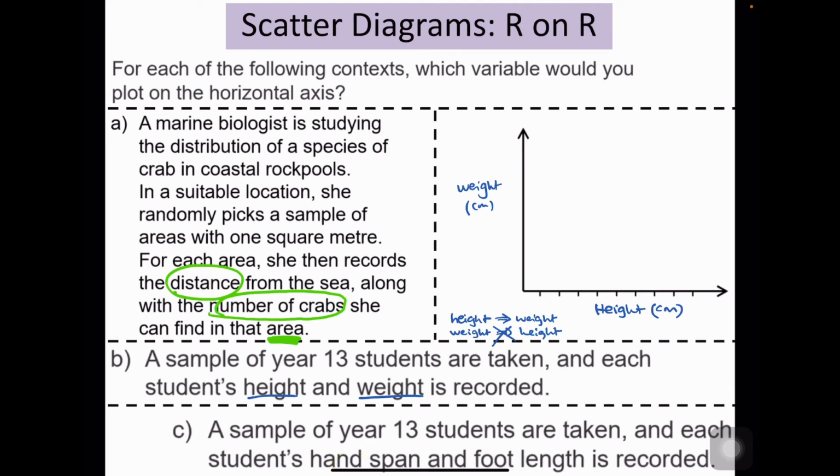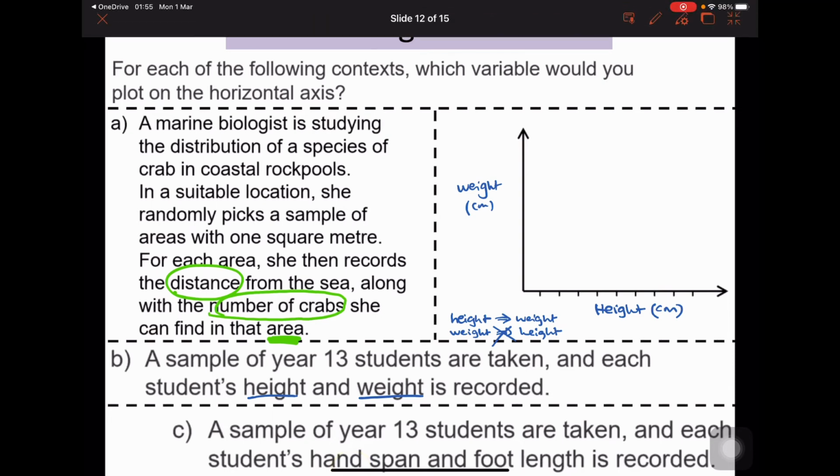And part C, a sample of year 13 students are taken and each student's hand span and foot length is recorded. So here we have an example in which they're both quite level in my opinion, hand span and foot length. So neither of them actually impact the other.